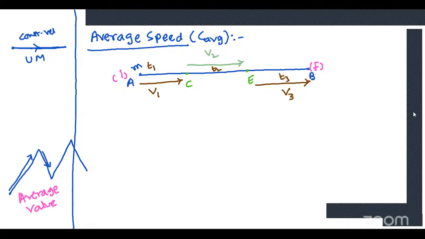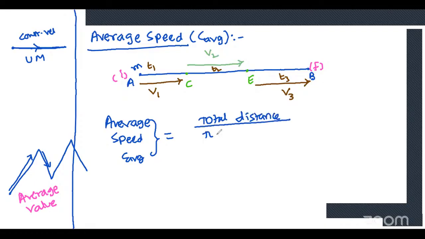Generally, speed is distance by time. So average speed is total distance by total time.